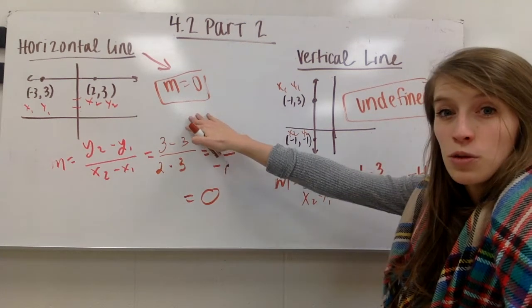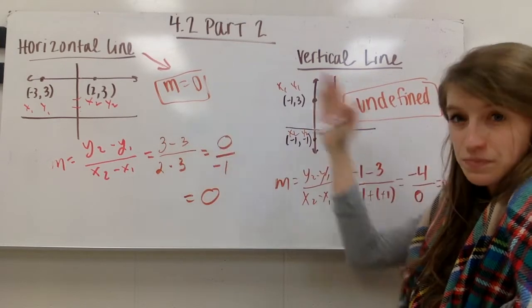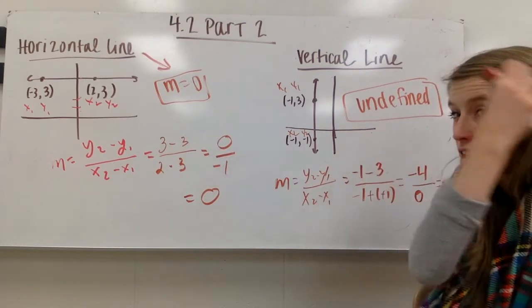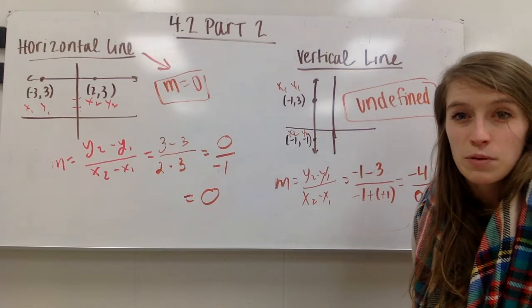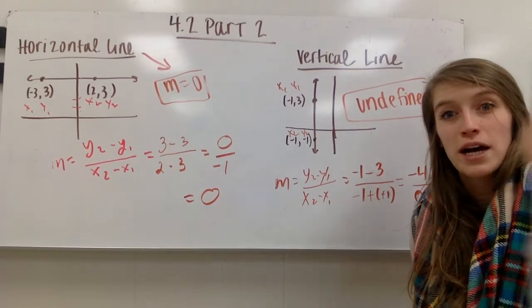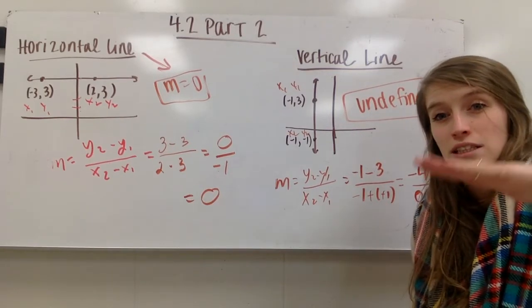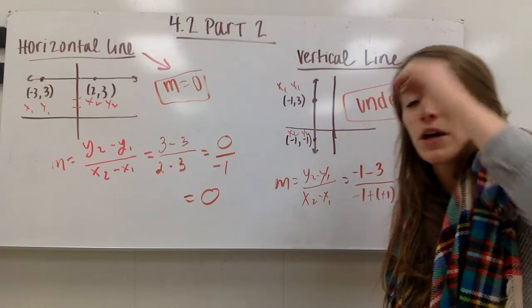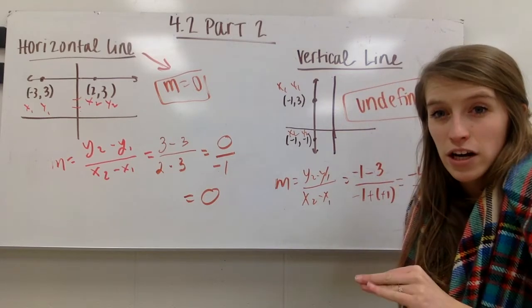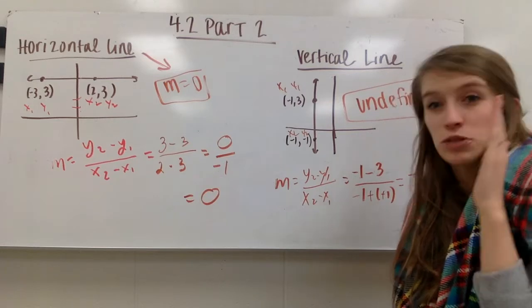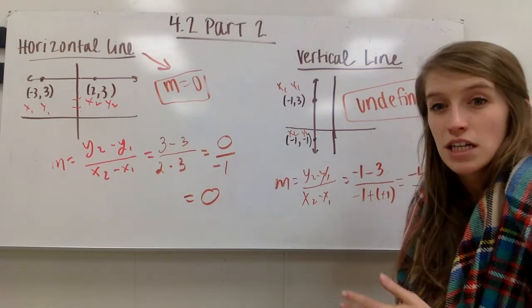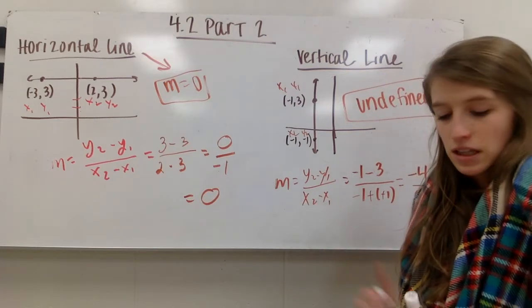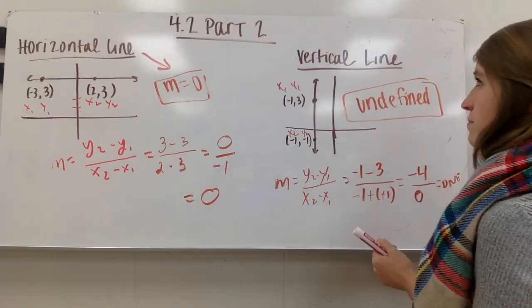When 0 was in the numerator, it gave us a 0 slope. When 0 is in the denominator, it gives us an undefined slope. This would be like, for example, going down a mountain and it's getting more and more steep. There will come a point where this line just becomes vertical and we say that it is an undefined slope. Let's try two problems together here.